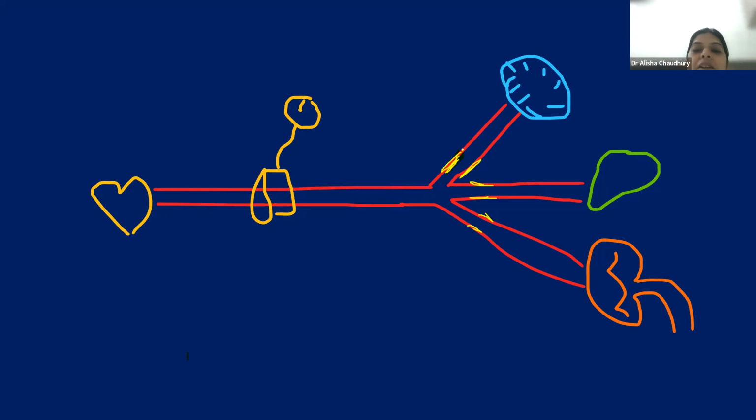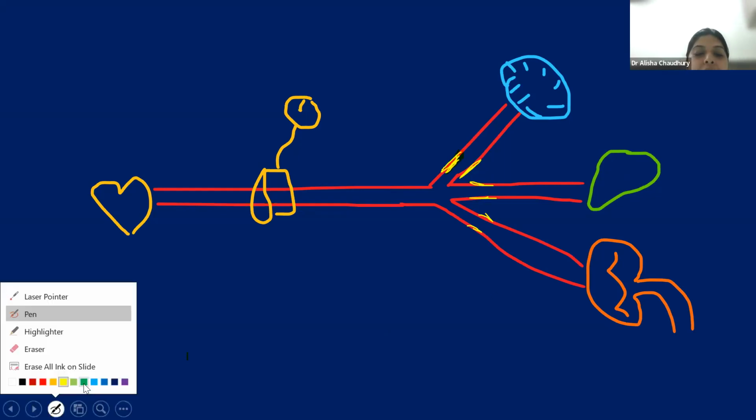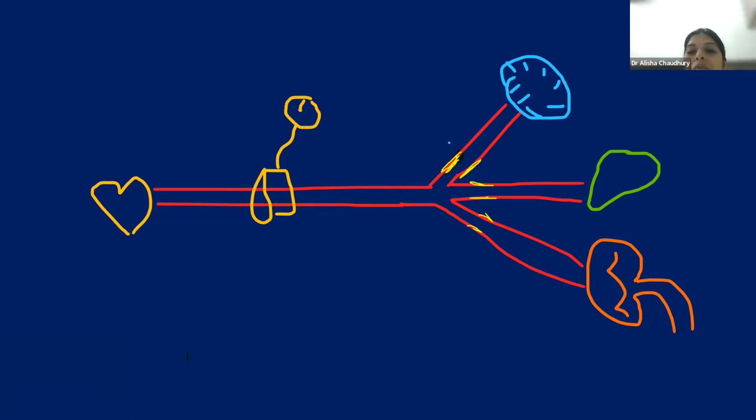This alpha-1 actually causes a global vasoconstriction-like state, which makes sure that if the blood pressure goes down for any reason, this is going to help. But this comes at a cost. If the blood vessels are narrowed, then definitely end organ perfusion will be impaired. At that time, another thing which helps is the beta-2 receptors.